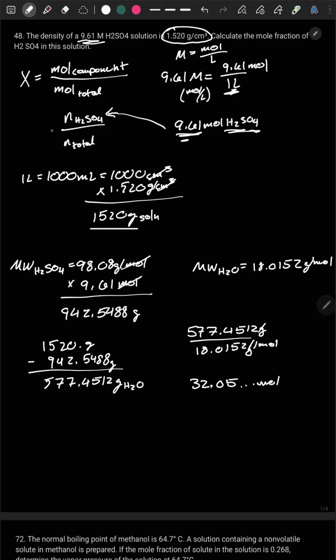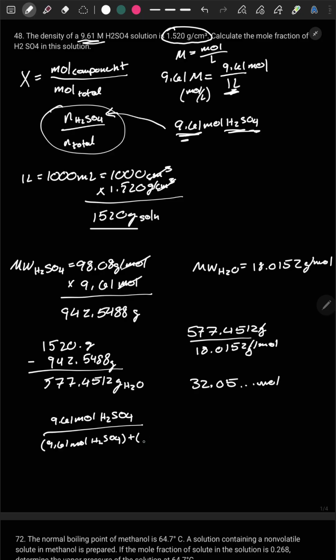So we're going back up here. We already have the moles of H2SO4, which is 9.61 moles of H2SO4. This is over the 9.61 moles of H2SO4 plus 32.05 moles of H2O.